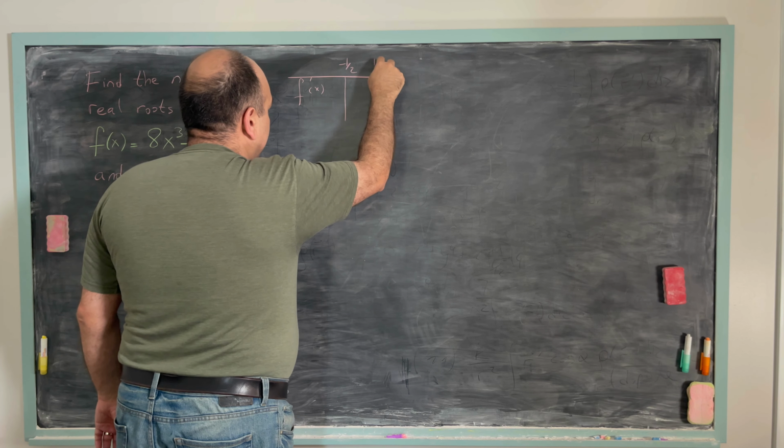So when x is less than minus 1/2, the first derivative is positive, in between minus 1/2 and 1/2, it is negative, and when x is larger than 1/2, it's positive. So this means that the function is increasing here, decreasing here, and also increasing here.